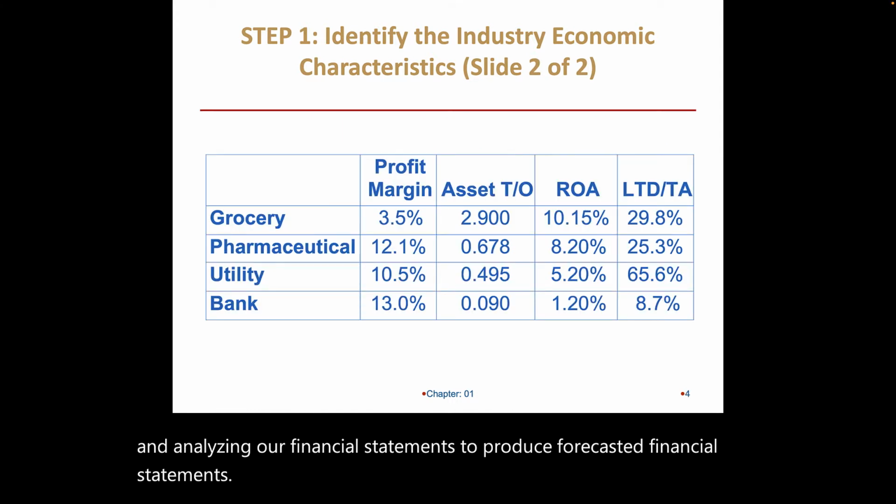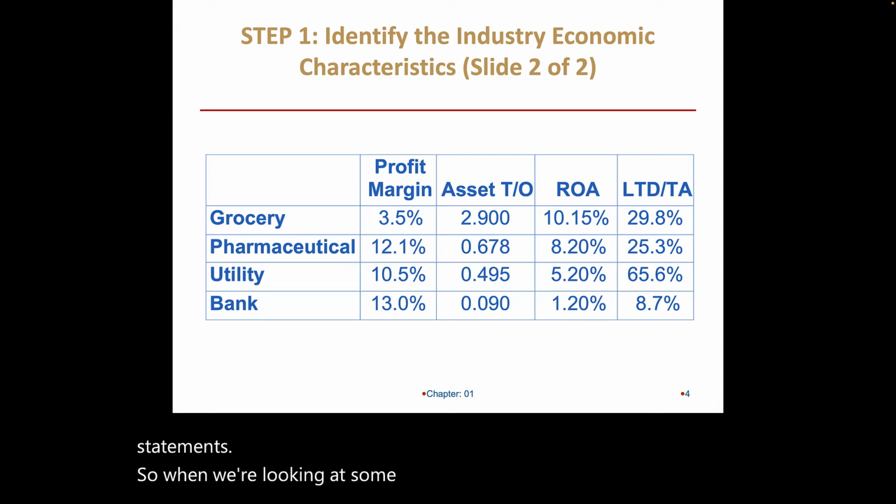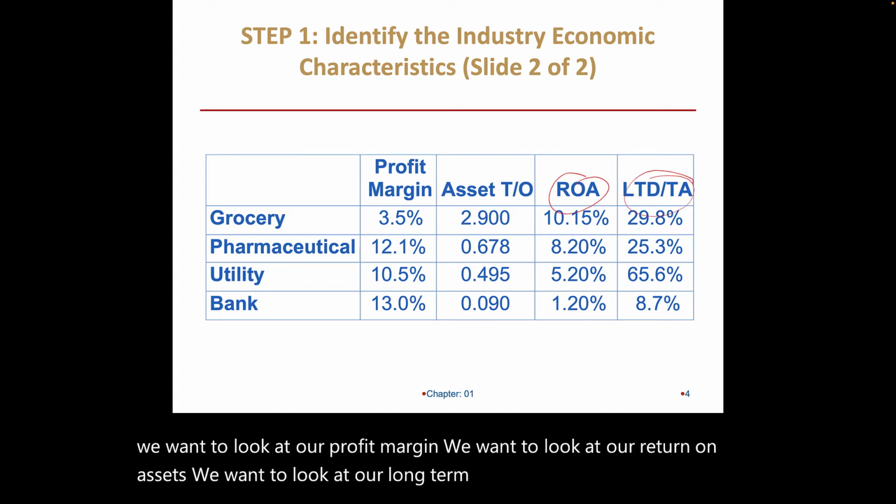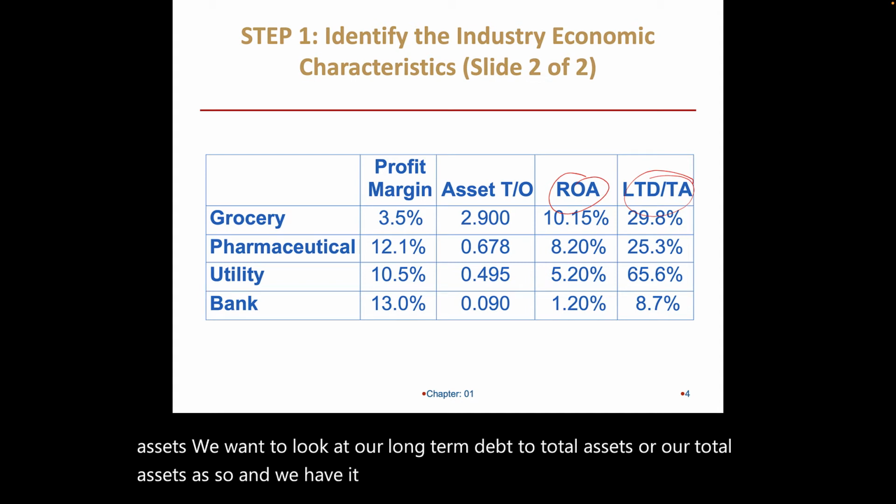When we're looking at some industry economic characteristics, we want to look at our profit margin, our return on assets, and our long-term debt to total assets. And we have it for various industries.